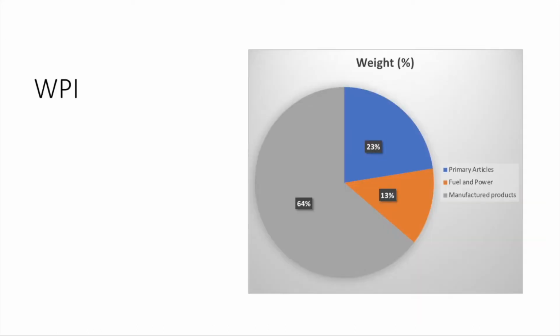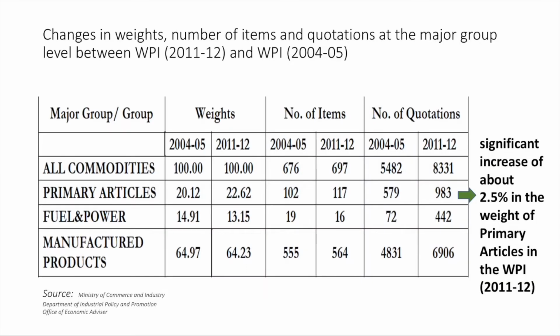Now let's see the weights in WPI. In WPI, primary articles have 23% weight, fuel and power have 13% weight, and manufactured products have 64% weight. So manufactured products have the highest weight in WPI. Now this table shows the difference in weight between the earlier base year, that is 2004-05 of WPI, and the current base year of WPI, that is 2011-12.